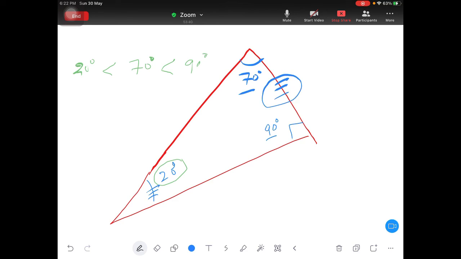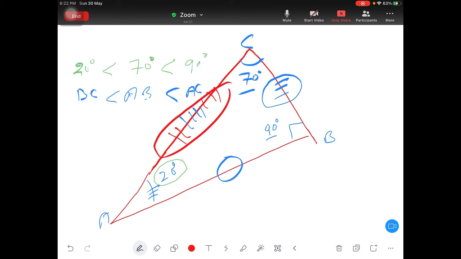If you name the triangle A, B, C, then side BC will be less than side AB, which will be less than the bigger side AC. You can see in the diagram that this is the bigger side and this is a smaller side. So according to the angle you can judge the sides also. Clear?